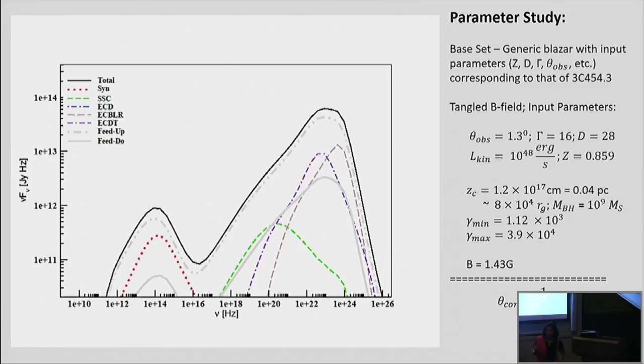So in order to construct a base set, corresponding to that of, to see what SED and light curve we get from considering the usual approach.